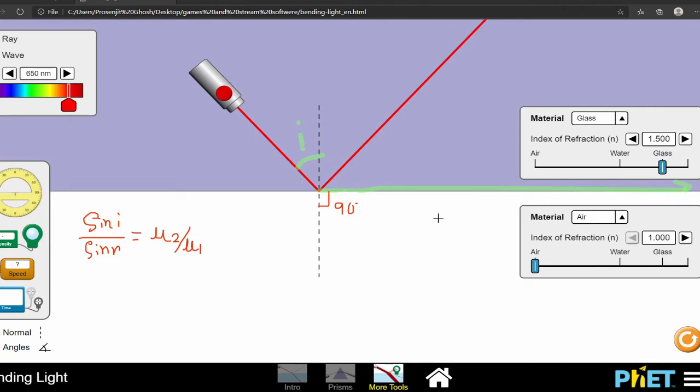What is mu 2? Mu 2 is the refractive index of the second medium, and mu 1 is the refractive index of the first medium. Okay, no issue with that. So right now I'm marking this I as IC, that is called the critical angle.